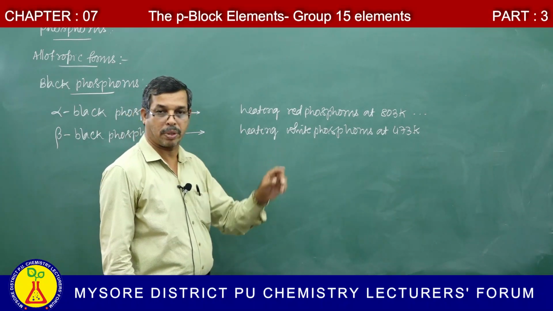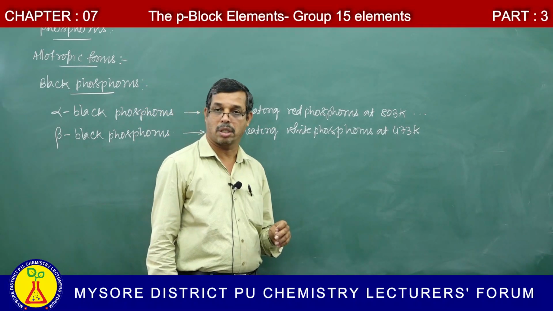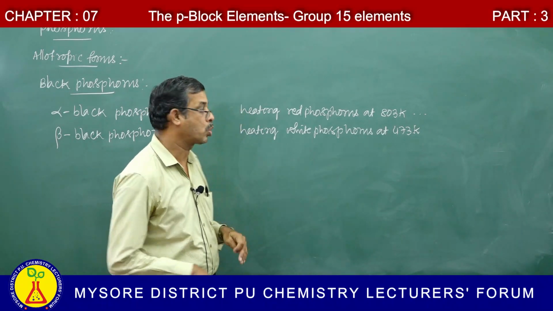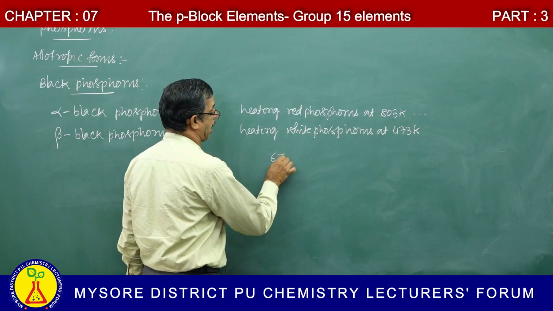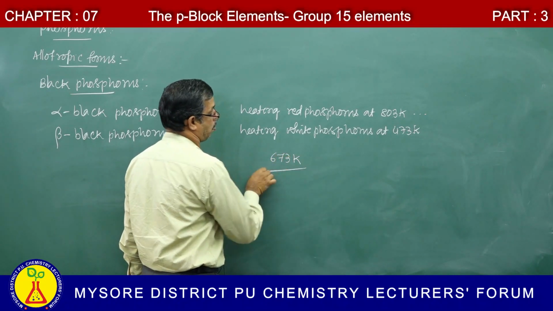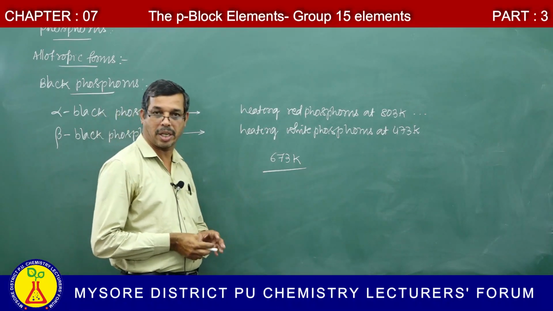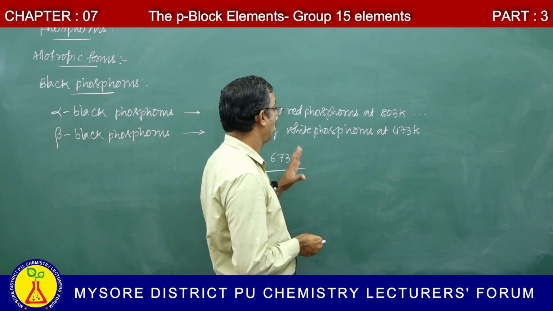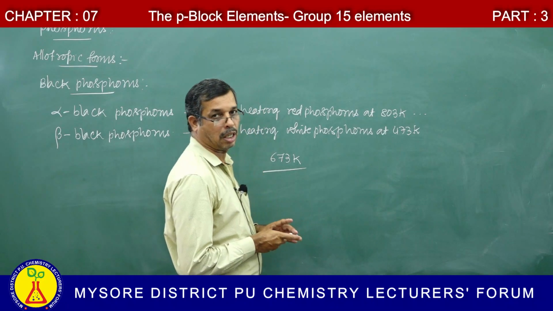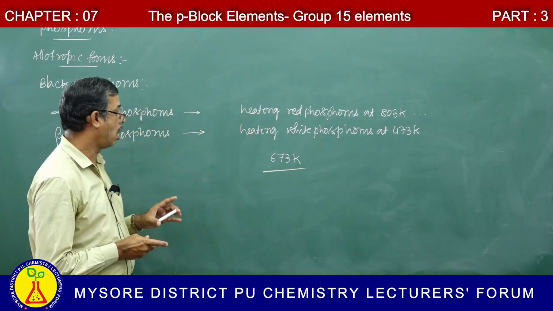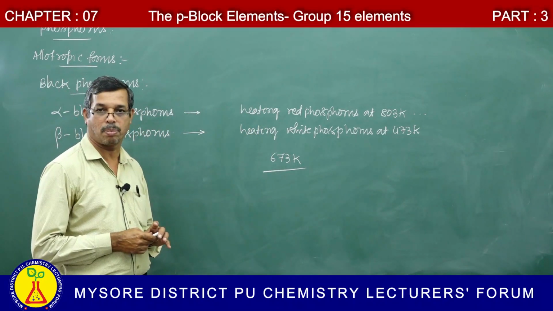Black phosphorus does not burn in air up to 673 Kelvin. This is all about the preparation of alpha and beta black phosphorus.